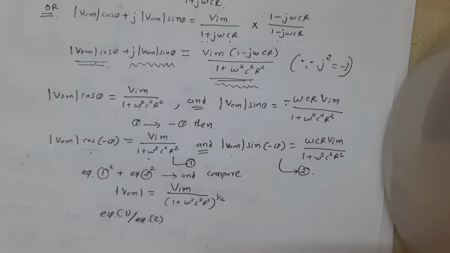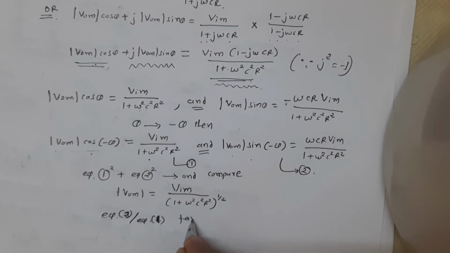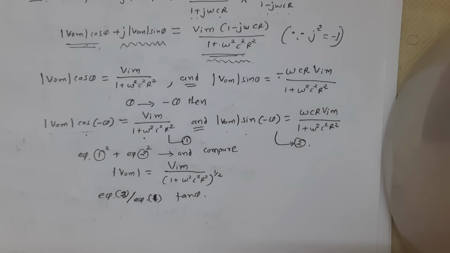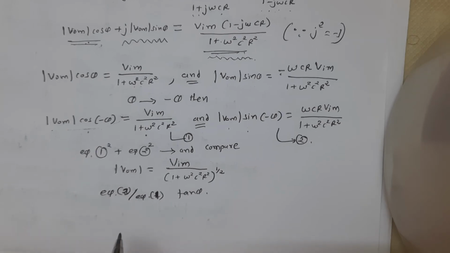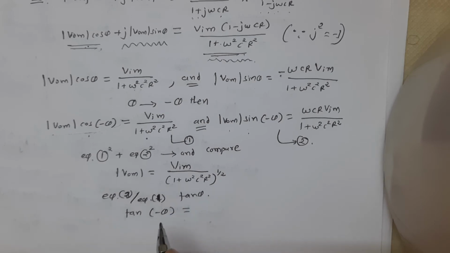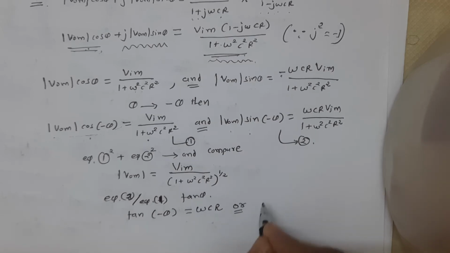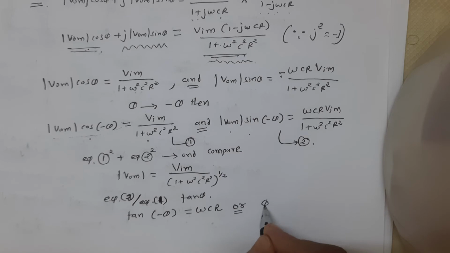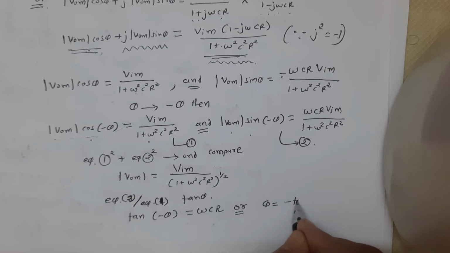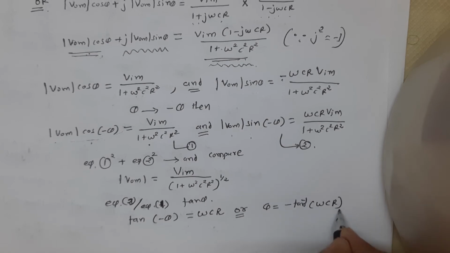And if equation 2 is divided by equation 1, we get tan theta, and we can write tan of minus theta is equal to omega CR, or we can write theta is equal to minus tan inverse omega CR.